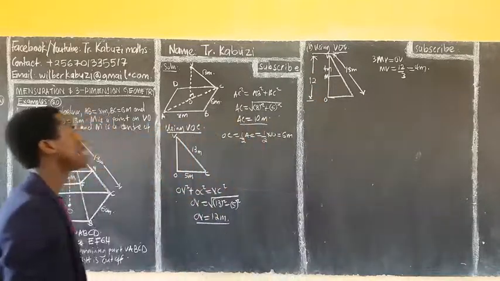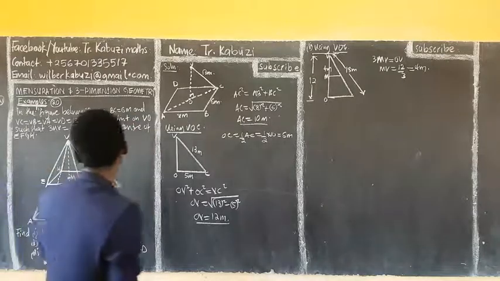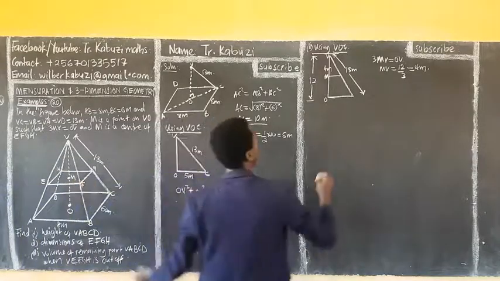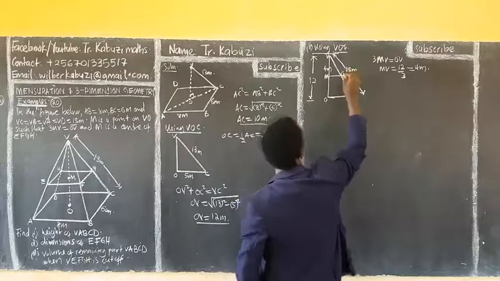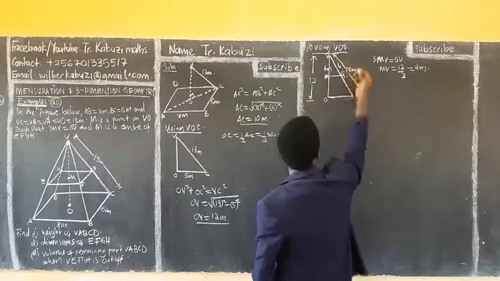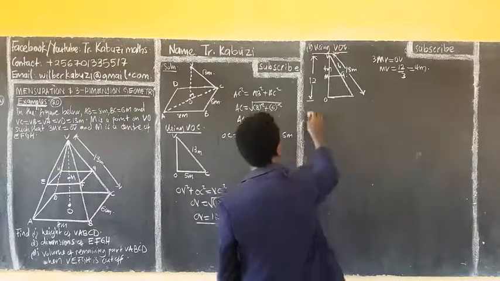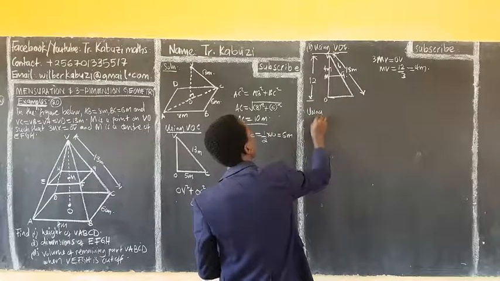Now, I'm going to use that similarity so that I can get this MG. This is MG. If I call this L, now I'm using similarity.